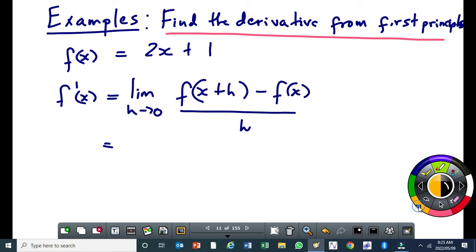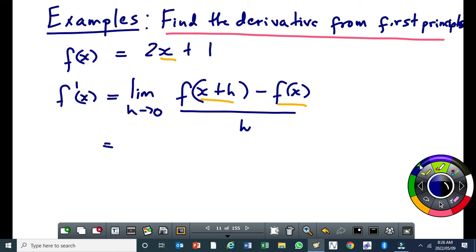I hope you remember your function notation. So this x plus h here is going to replace that x, then where there is f of x here, we substitute f of x. Your knowledge of function notation is extremely important.